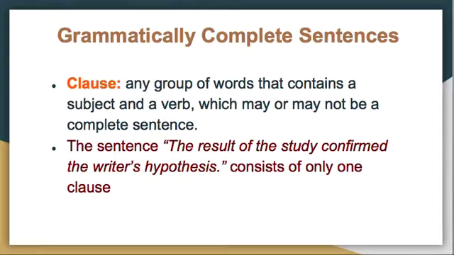A clause contains a subject and verb, but it is not always a complete sentence. Sometimes it does not give a complete idea. The sentence, the result of the study confirmed the writer's hypothesis, has only one clause.